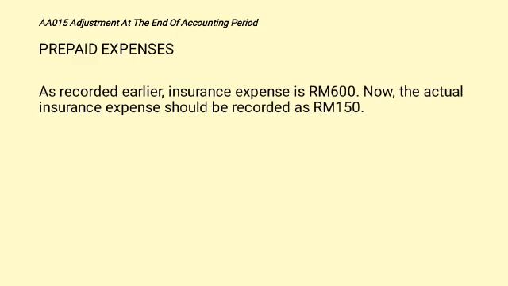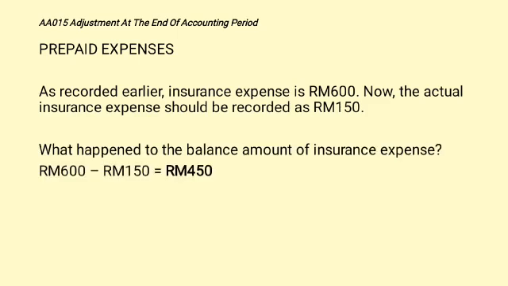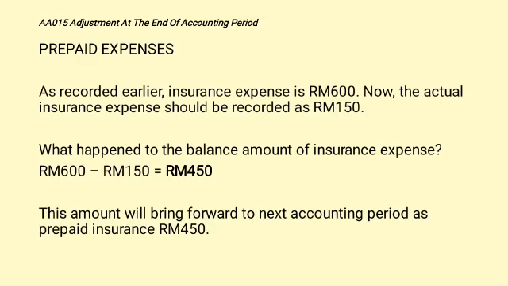As recorded earlier, the insurance expense is RM600. But now, the actual insurance expense should be recorded only as RM150. So what happened to the balance of the insurance expense, that is RM450?